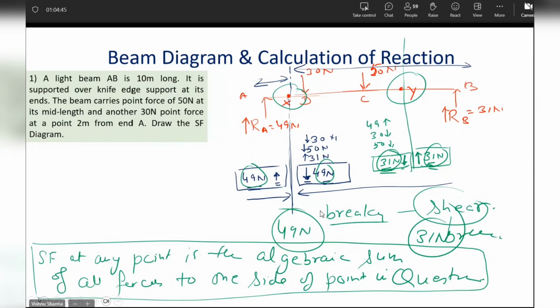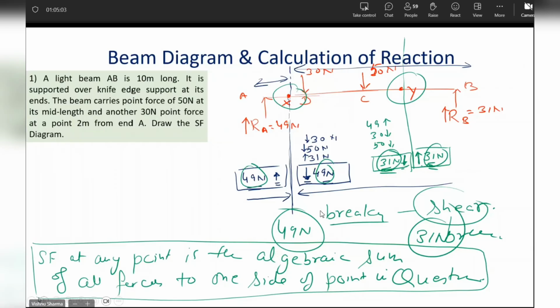Understood, beta? Guys, is that clear so far? Tell me if there's any concern. Yes, sir. Okay.